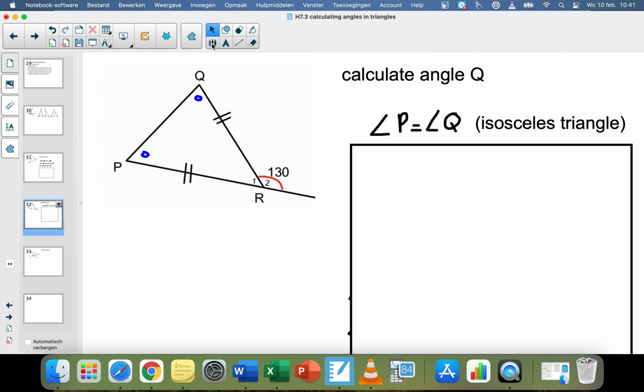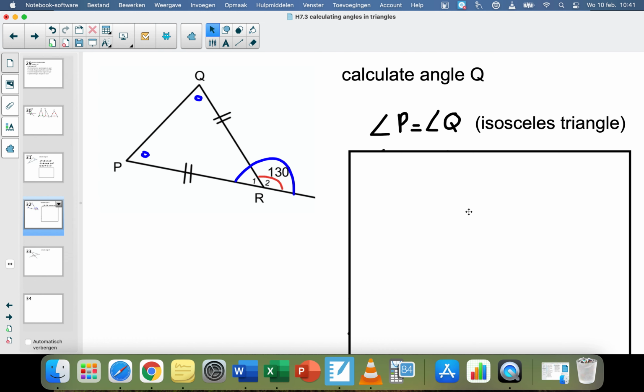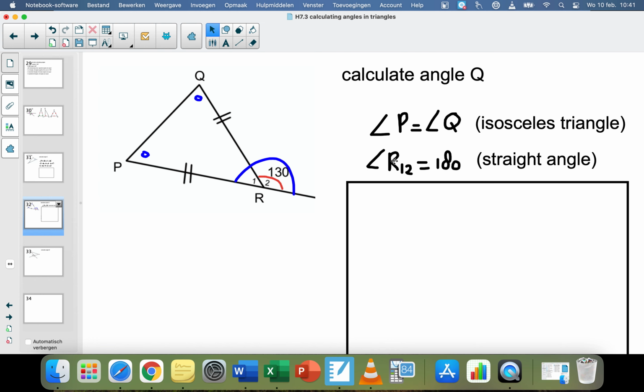So that's one thing. The other thing is, here we can see the straight line. It continues through vertex R, so we can see that this is a straight angle. So R1 and R2, or R1,2, which means R1 and R2 together, is 180 degrees. So that's a straight angle. We're using the rule that it's a straight angle. That's 180 degrees.